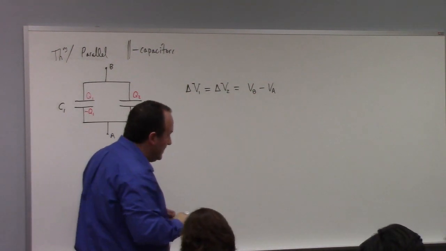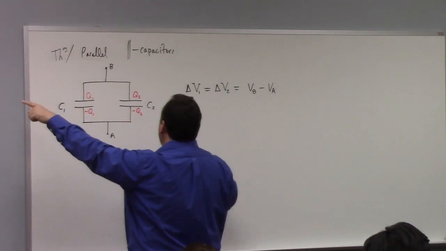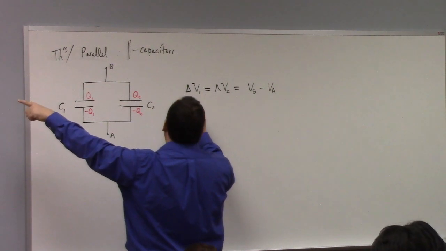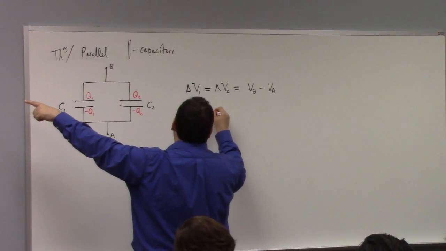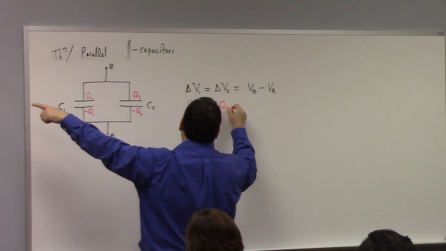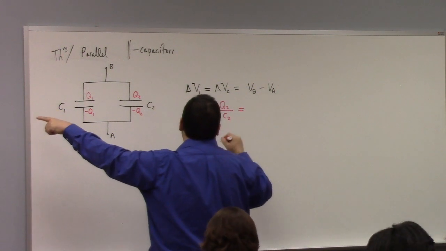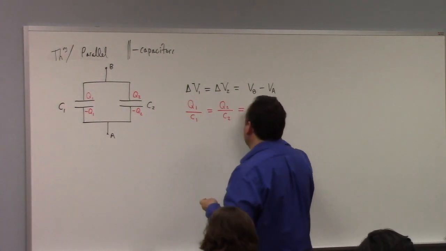Fine. But so let's see here. My equation was what? I've got Q1 over C1 equals Q2 over C2 is equal to, well, anyway, that's the equality here.